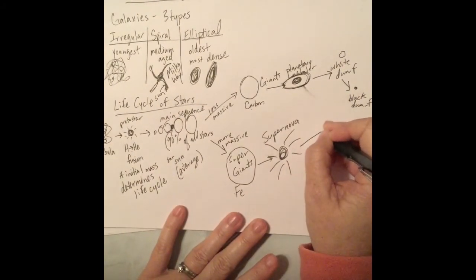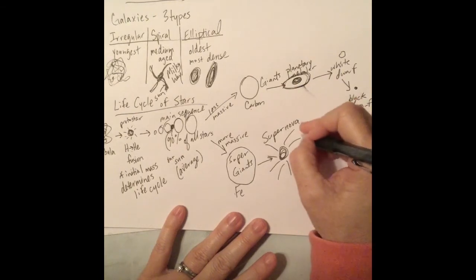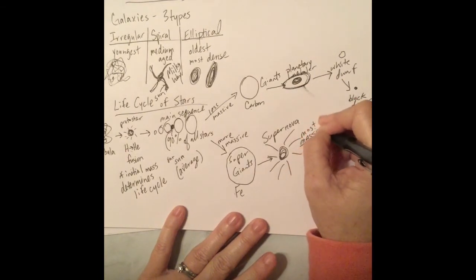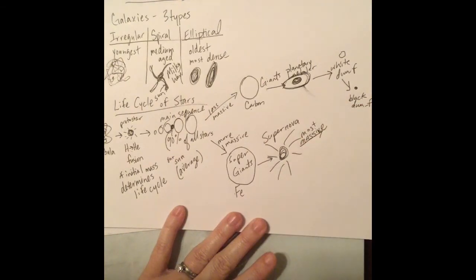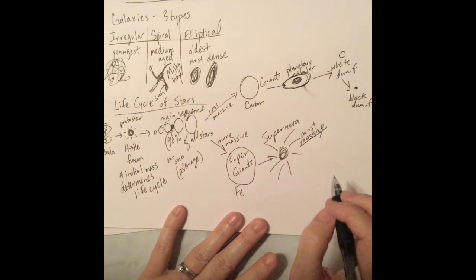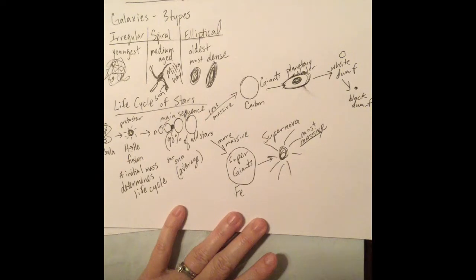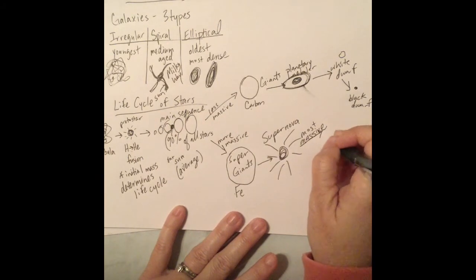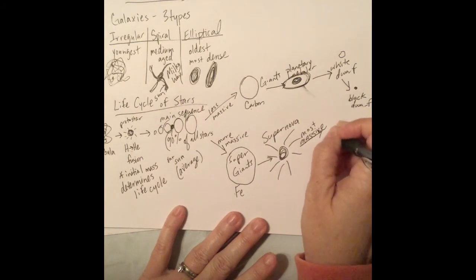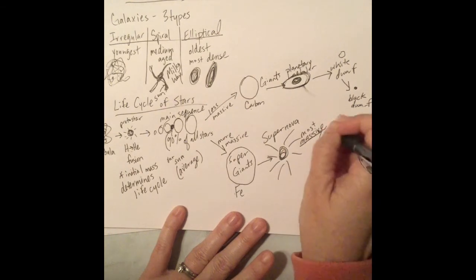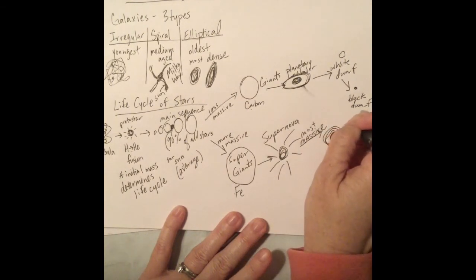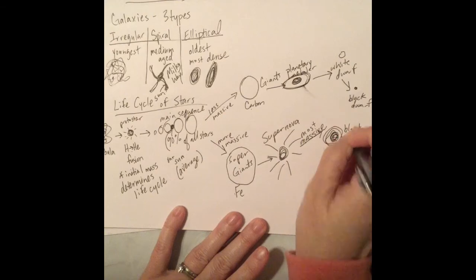From that point, the biggest of the big, so these are going to be the most massive, have so much mass that when a supernova occurs, they collapse in on themselves to where no light escapes. The gravity is so great that no light escapes, and they create a black hole. Okay.